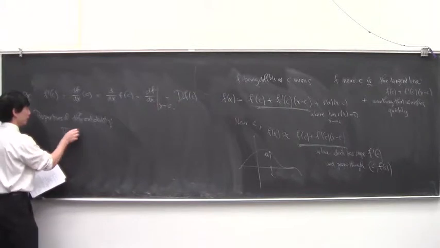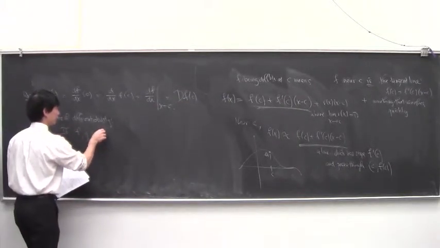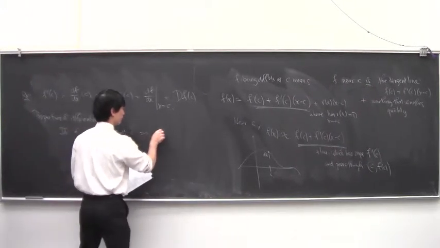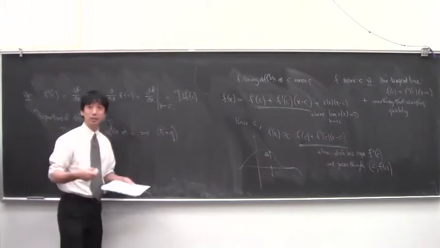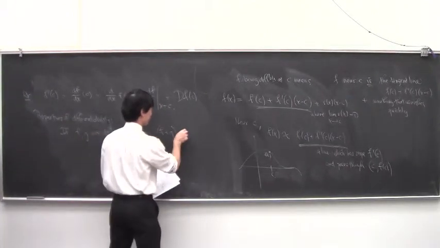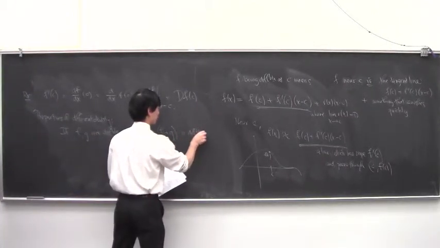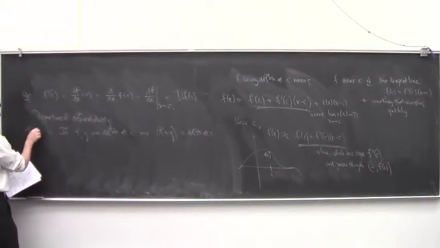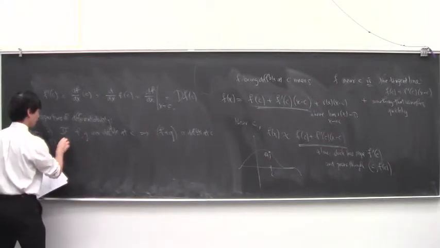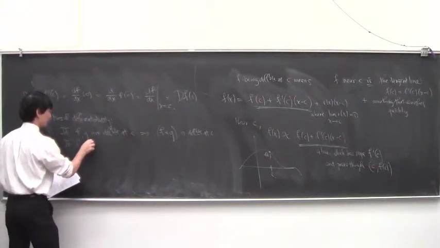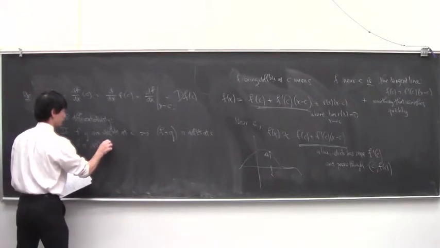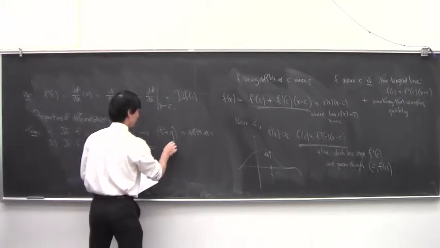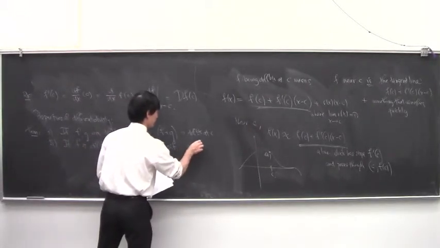If f and g are both differentiable at c, then the sum is differentiable at c. That's part one. Part two, if f is differentiable at c, and alpha is some number, then alpha f is differentiable at c.